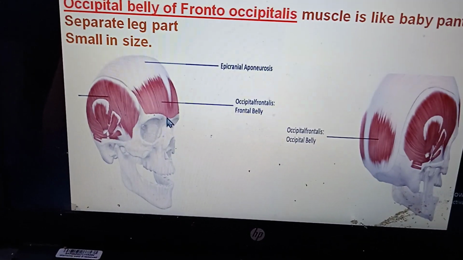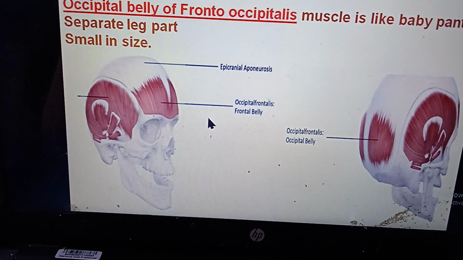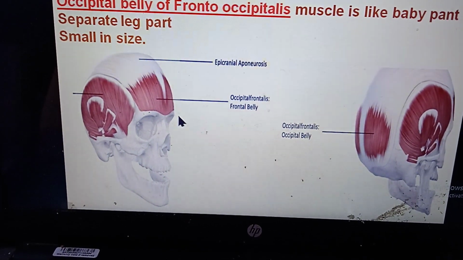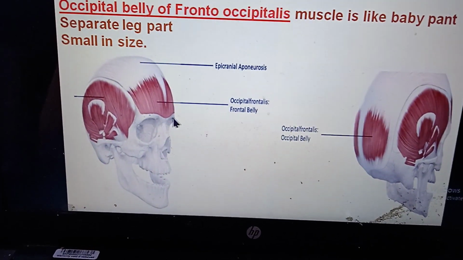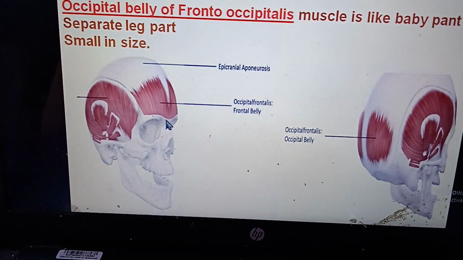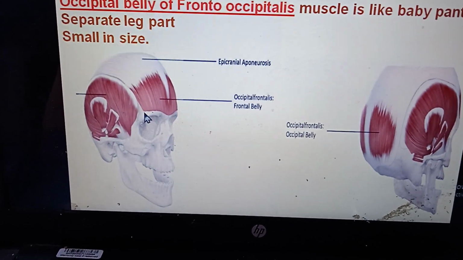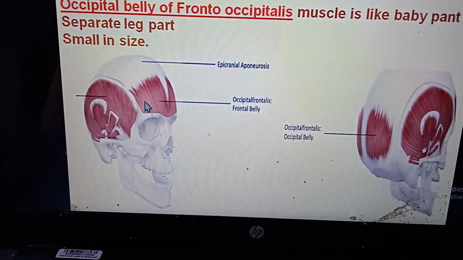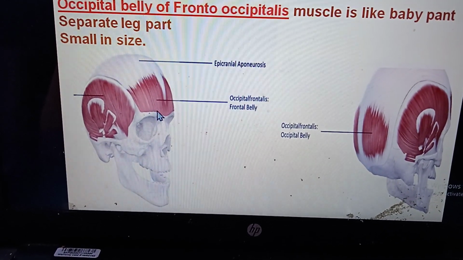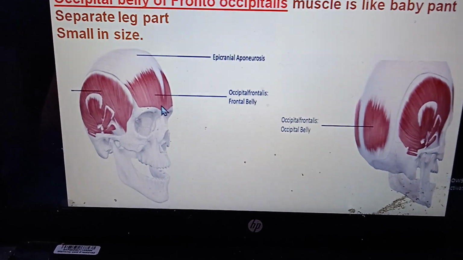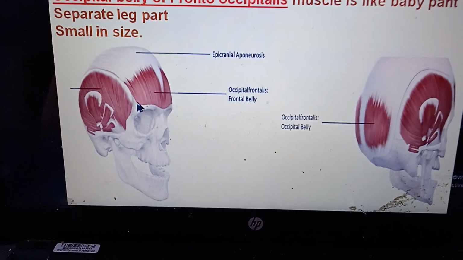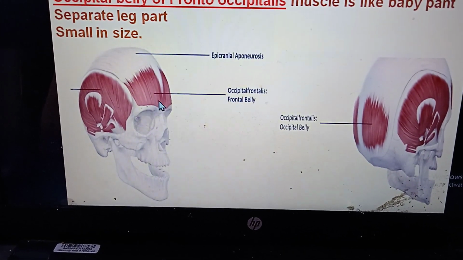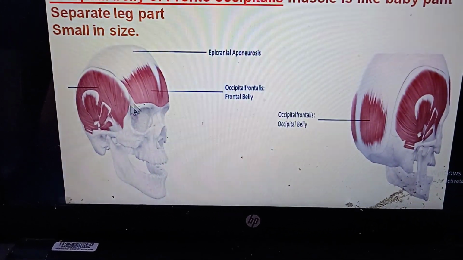The superficial lamina is attached to the skin over the superior orbital margin and the root of the nose in the middle. And the deep lamina is attached to the corrugator supercilii in the middle and orbicularis oculi on the periphery.